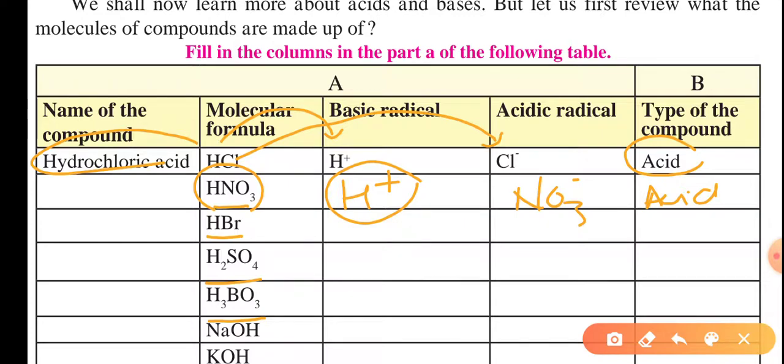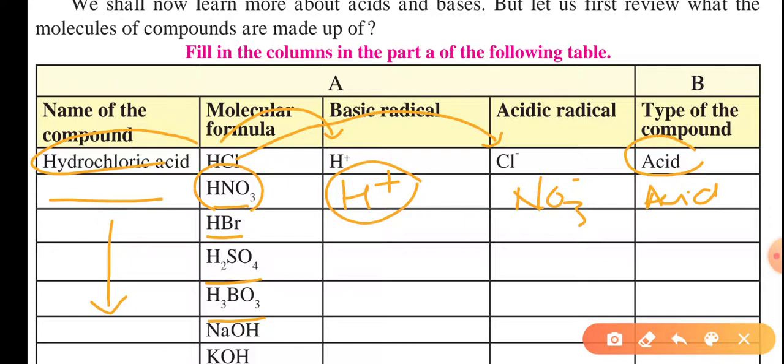This one is left for your homework. I will show you a few names, and the rest you have to search and let me know, or we will clear it in the doubt session. So you have to find out the names of all these acids. Search on the internet and tell me.